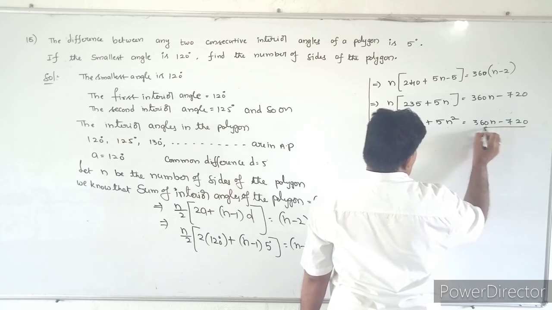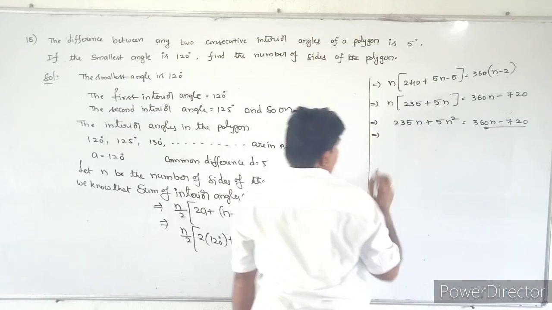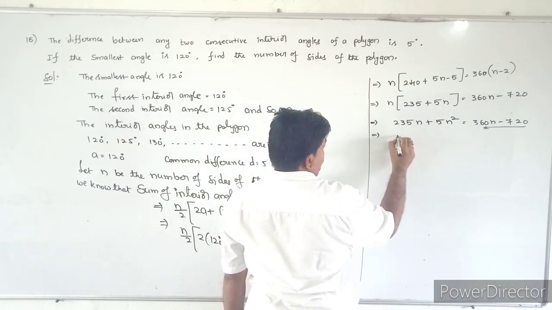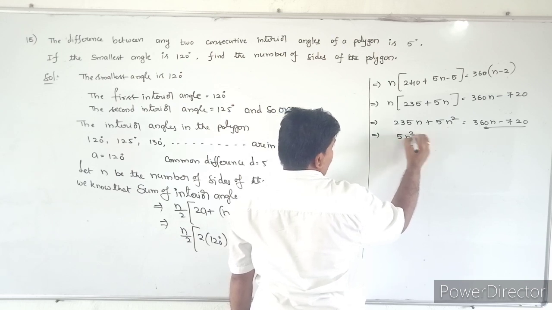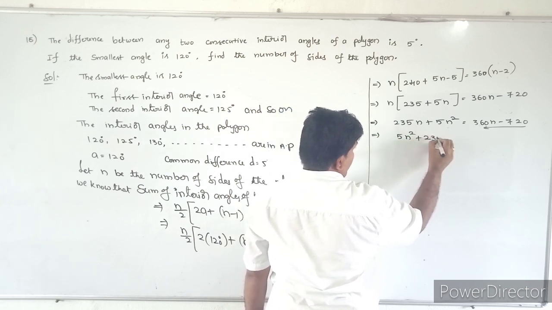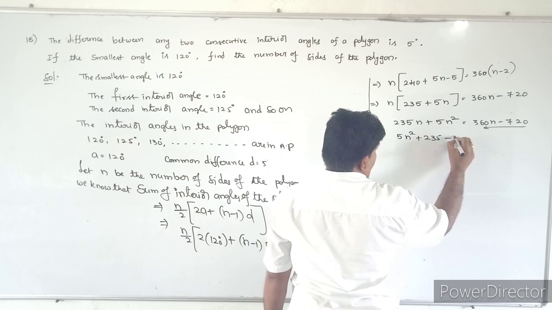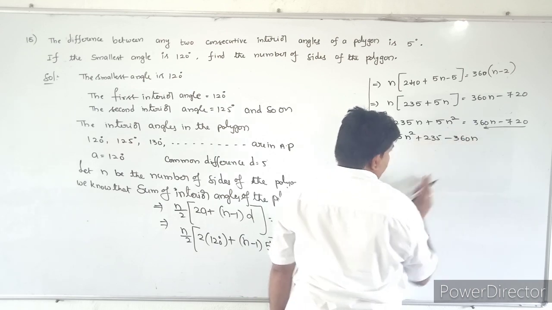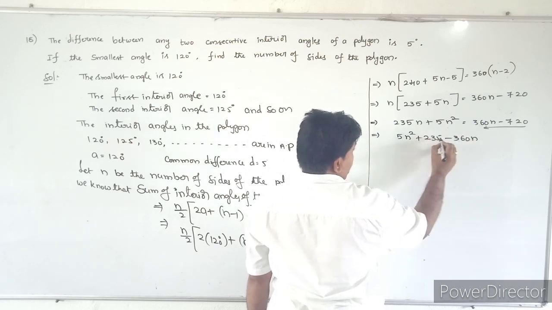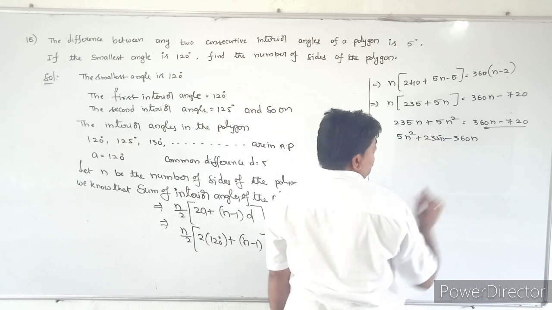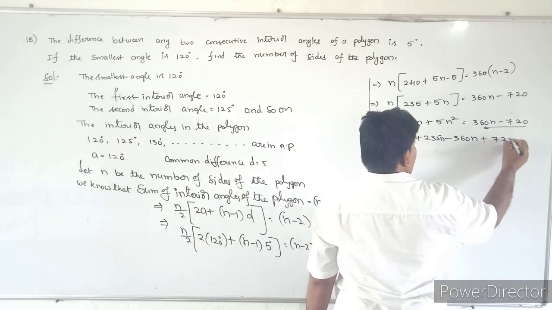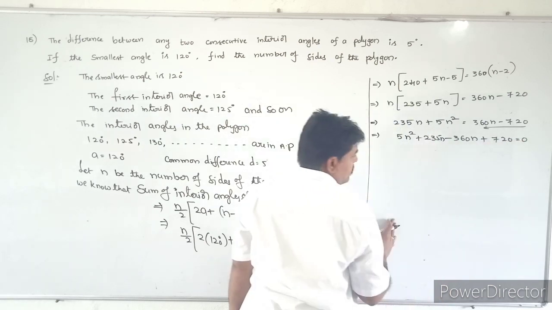So take all these values to this side. What happens? That implies 5n square plus 235n minus 360n plus 720, that is equal to 0.